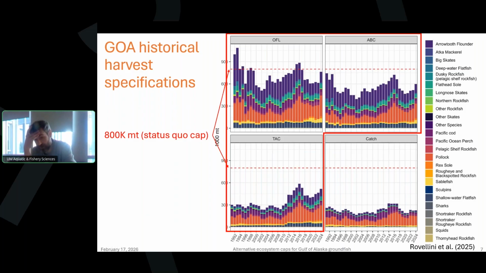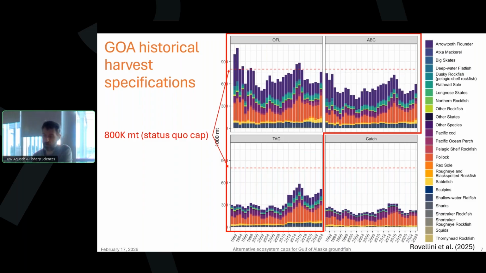But it never went back to those levels, right? And if anything, even early in the time series in the 90s, the ABC, the TAC, and certainly the catch were well below the cap. So in other words, the cap was never really constraining anything in the Gulf of Alaska groundfish fisheries, and a lot of this has to do with attainment.